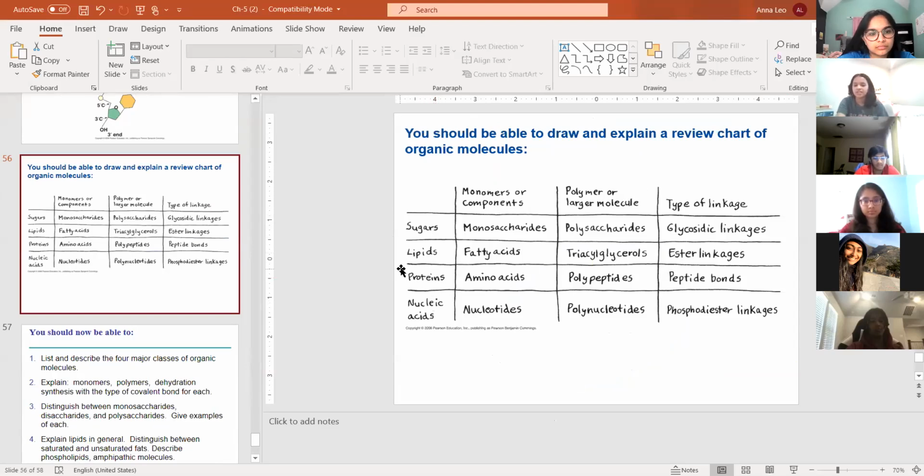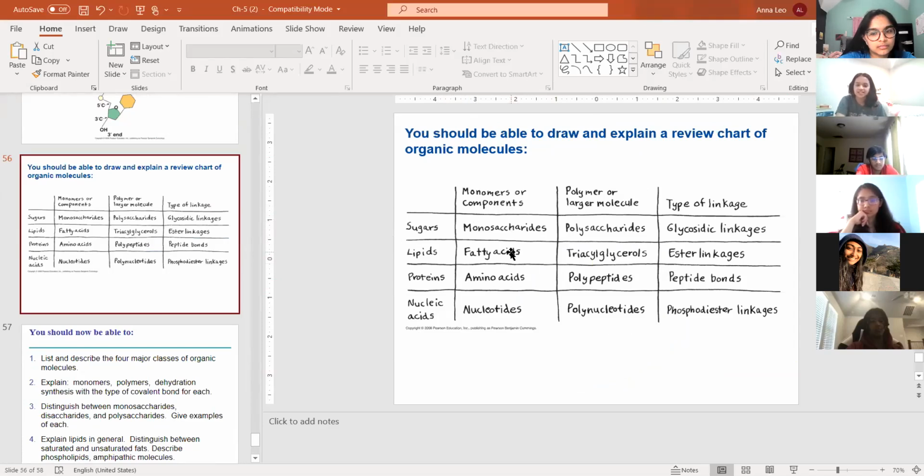All of these are macromolecules, but technically a lipid is not a polymer because it's not made up of repeating small units. The monomers are the small units, so you have monosaccharides, and if you think about the functional groups, this has to do with the carbonyl group, because the carbonyl is with the sugars.